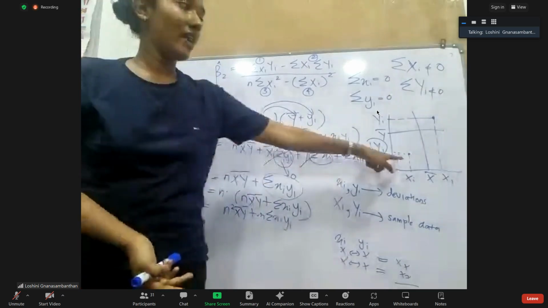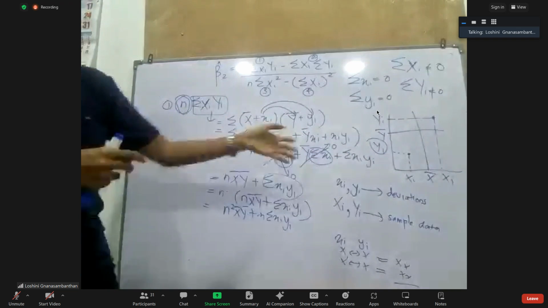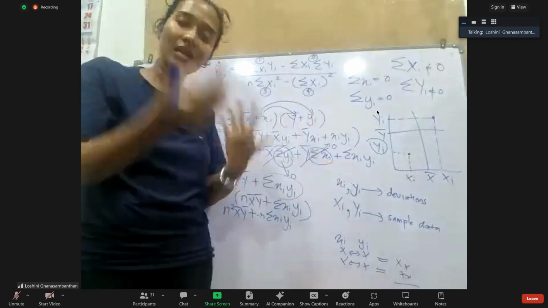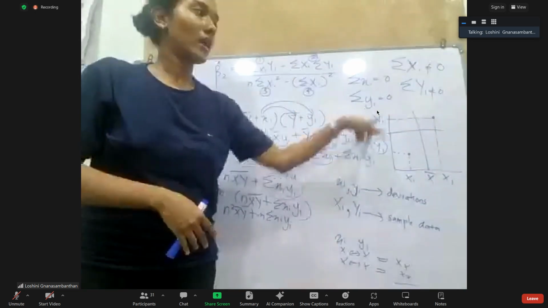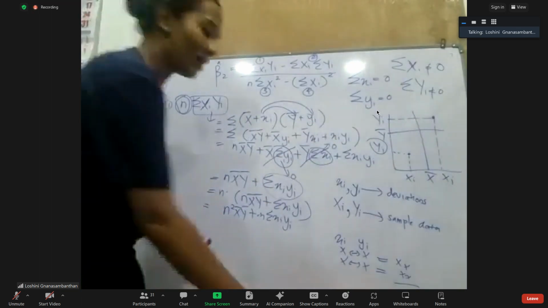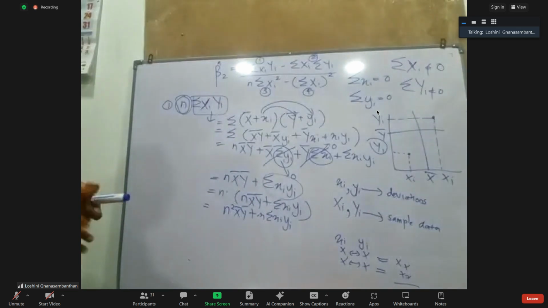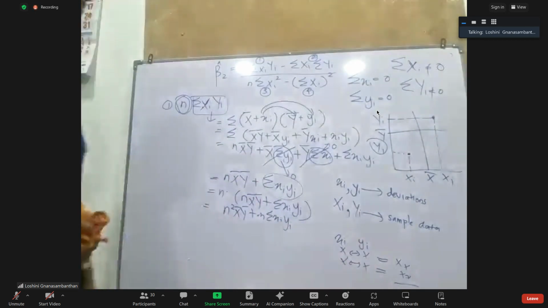Because if one simple yi is minus, then it means that the xi will also be minus. You can see that from the graph. So you will not get minus values here. That's why it's not adding up to zero.